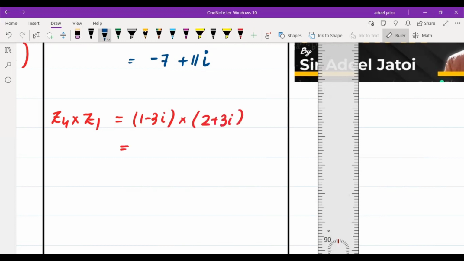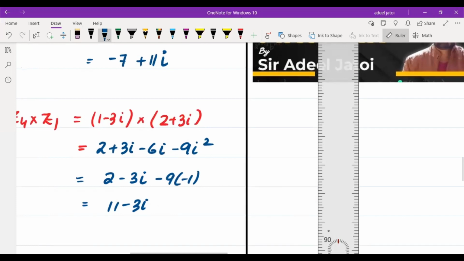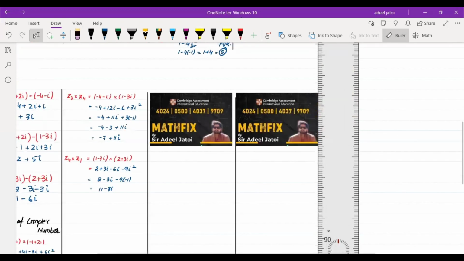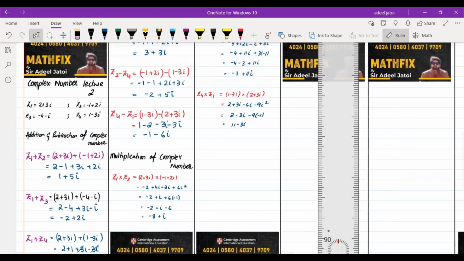So the answer for this will be 2 plus 3 iota minus 6 iota minus 9 iota square. 2 minus 3 iota minus 9 times minus 1. So 2 plus 9, this should be 11 minus 3 iota. So these are a few examples of multiplication of the complex numbers with the same roots that we used for addition and subtraction.